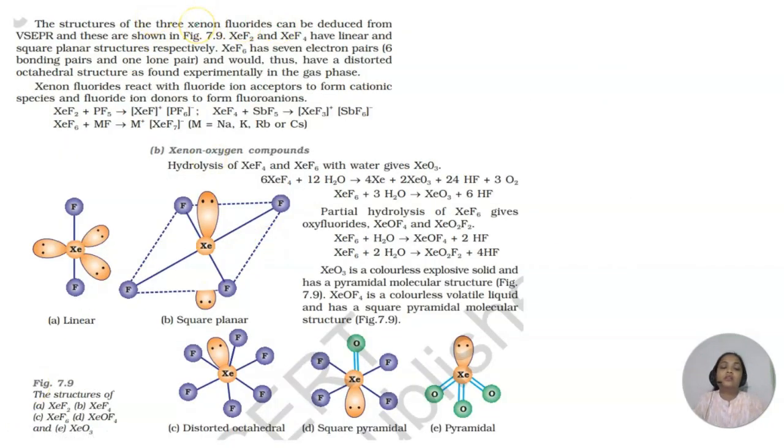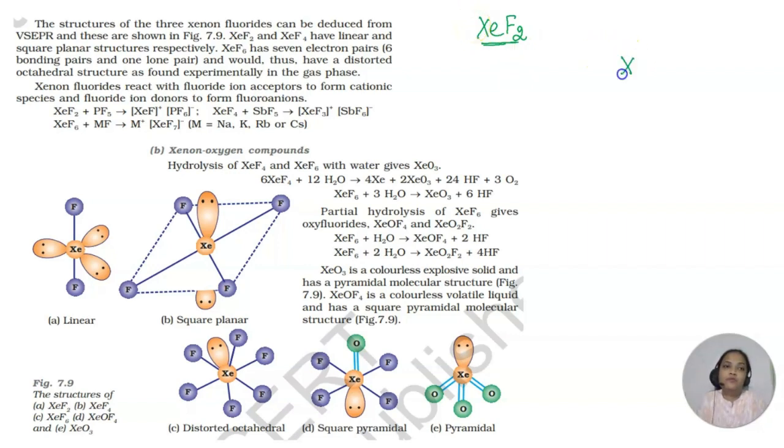Now the structure of these fluorides, we can find them from the VSEPR theory. We have studied valence shell electron pair repulsion theory, right? XeF2 and XeF4 have linear and square planar structures. How will you find out? See XeF2, only two fluorine are there, means only two bond pairs, but xenon has 8 electrons, so 6 electrons will be there as 3 lone pairs.